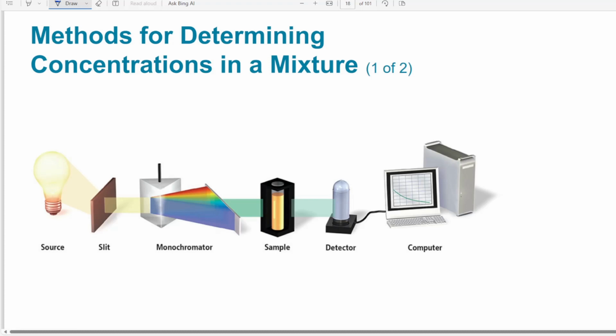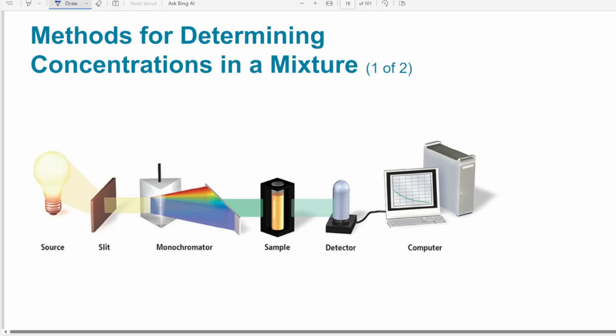Here's a simple example of a spectrophotometer that can measure the absorption or emission of light at a particular wavelength by the sample, which can then be correlated to concentration. Here we have a source of light which goes through a slit and then a monochromator.